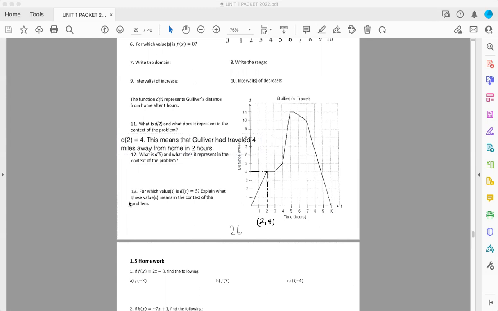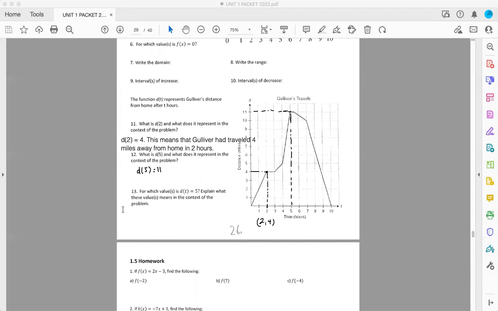Now number 12, what is d of 5 and what does it mean? So again, d of 5, to go to 5, you go to 5 here, and that's basically 11. So let's say d of 5 is 11. And then what does this represent? By the 5th hour, he's 11 miles away from home, because it says distance from home.